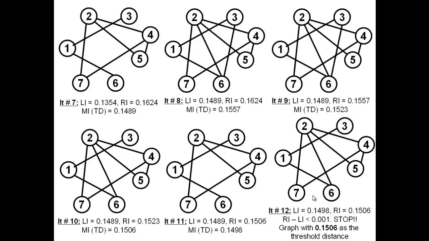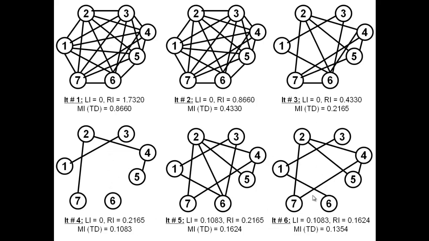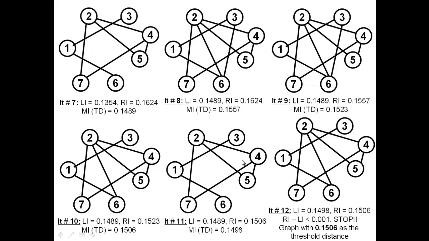The new middle index is 0.1489, and we check if we use this as a threshold distance, can we get a connected graph. So since this graph is not connected, we will have to use this as a basis and check if the edges in this graph have a distance greater than or less than this 0.1489.